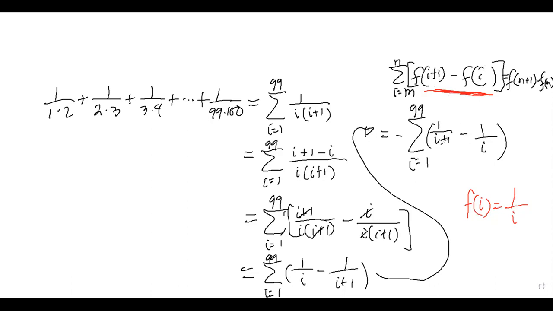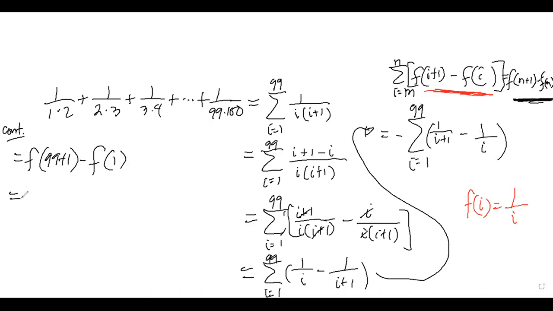So let us continue it here. You just have to know what your n and your m are. Using the telescoping sum, it will be equal to f of n plus 1 minus f of m. So your n is 99, so it will be f of 99 plus 1 minus f of m, which is 1.